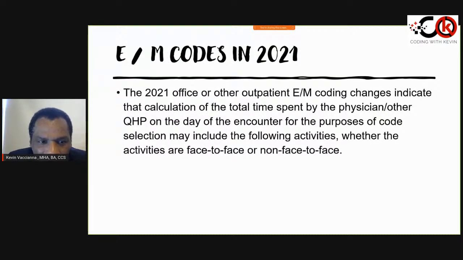The 2021 office or other outpatient E&M coding changes indicate that calculation of total time spent by the physician and other qualified health professional on the day of the encounter for the purposes of code selection may include the following activities, whether the activities are face-to-face or non-face-to-face.